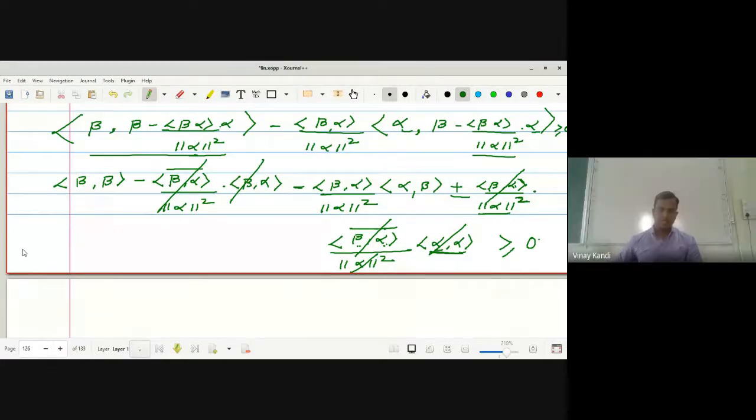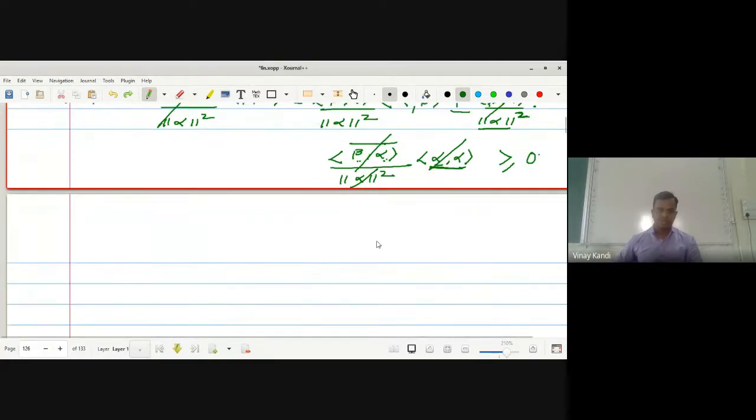This one got cancelled with this one: inner product of alpha with norm of alpha square. And what is the remaining part? Beta alpha divided by norm square alpha with minus sign here and plus sign there, so this gets cancelled. So what is remaining?